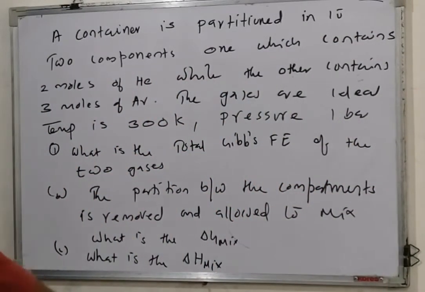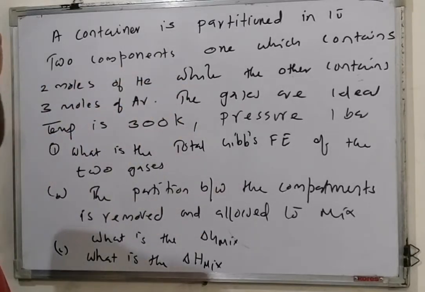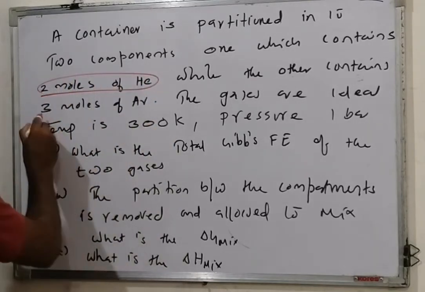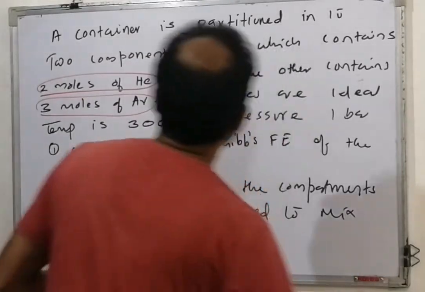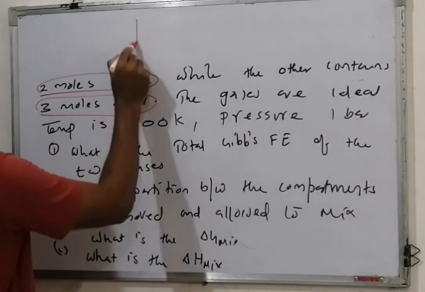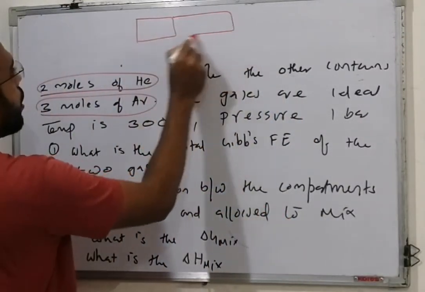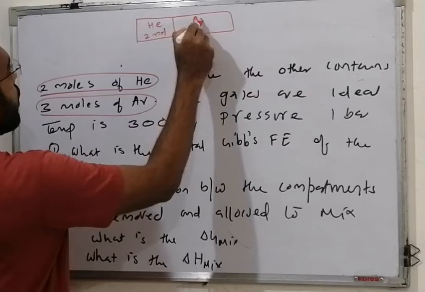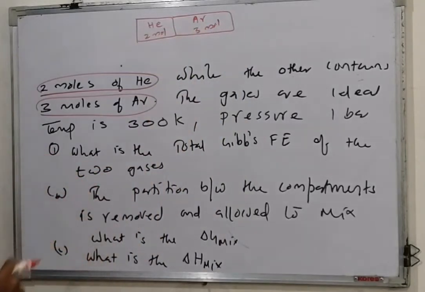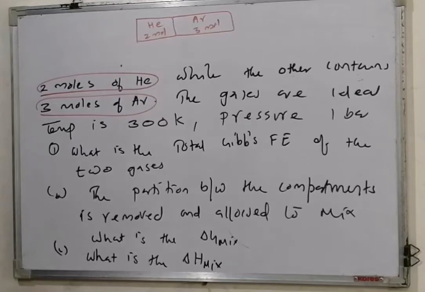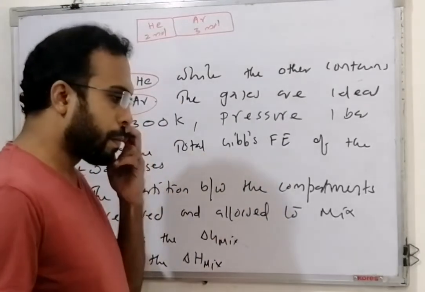A container is partitioned into two compartments. One contains 2 moles of helium, while the other contains 3 moles of argon. Okay? Therefore, you have two containers, container 1 and container 2, helium 2 mole and argon 3 mole. Ideal gas. What is the total Gibbs free energy of two gases when they are separated?